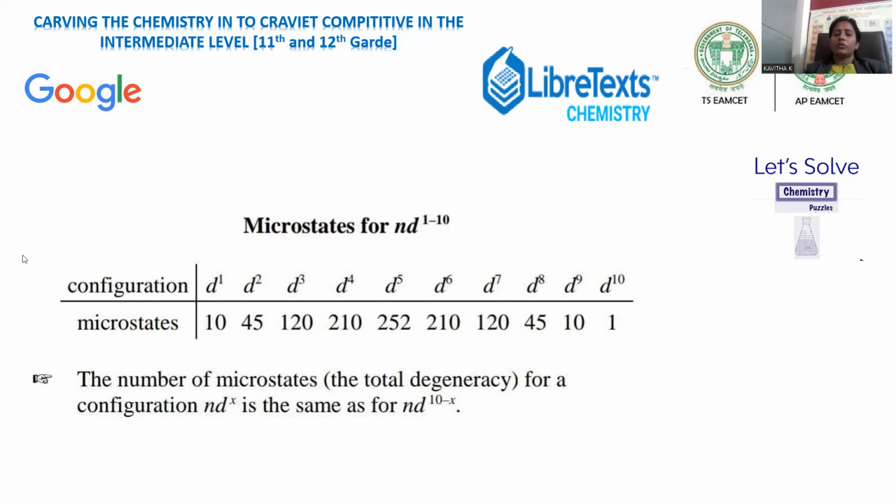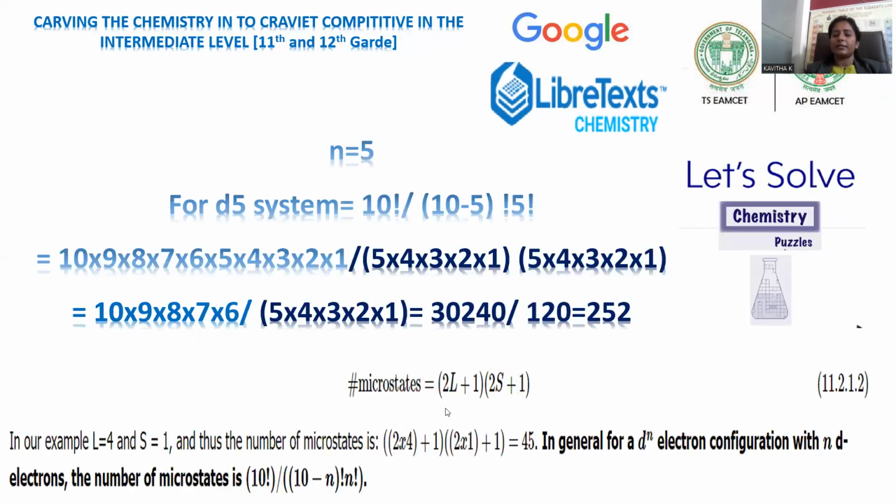In order to calculate these microstate values, we have two possible formulas. Microstates can be calculated either by (2L+1)(2S+1), which is one kind of representation, or another one, 10 factorial divided by (10 minus n) factorial times n factorial.